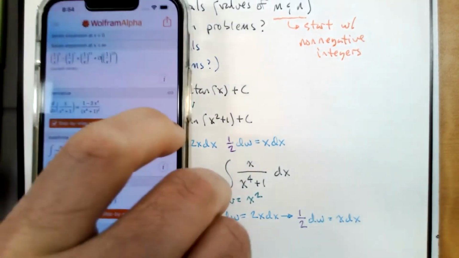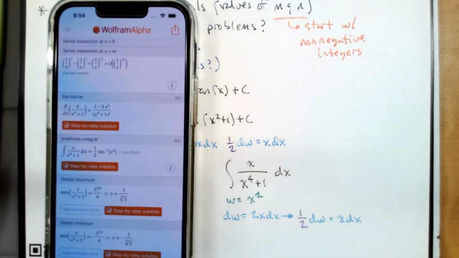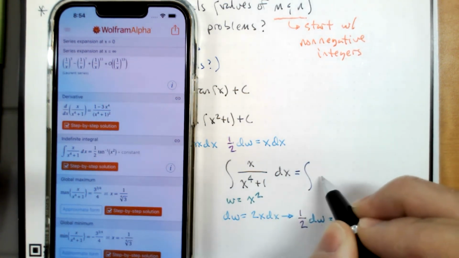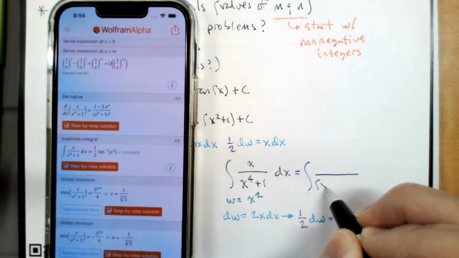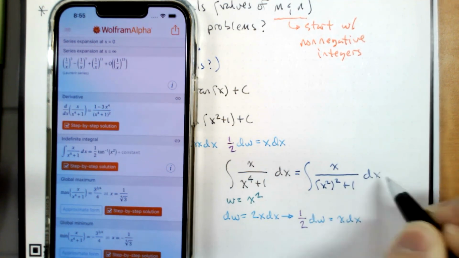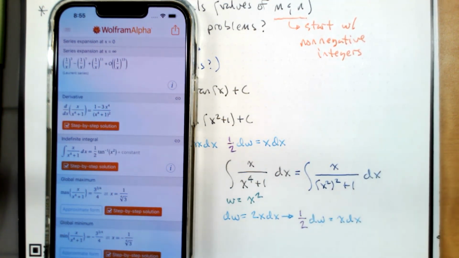Moreover, when we ask our friend Wolfram Alpha, we can see that 1/2 sitting right out in front. Now our integral was an arctangent, so we must have been integrating a 1 over something squared plus 1. If we replace the x to the 4th with an x squared squared, there's my w being squared plus 1.